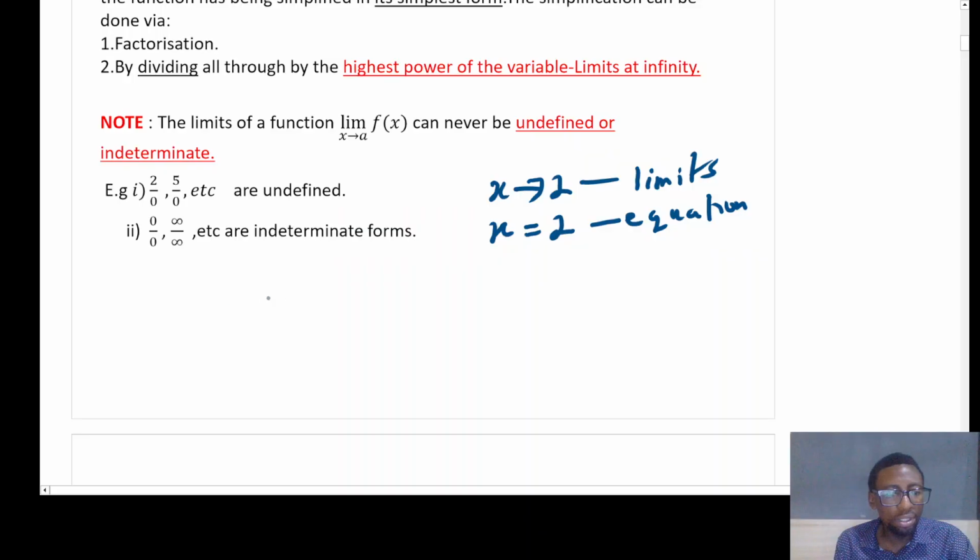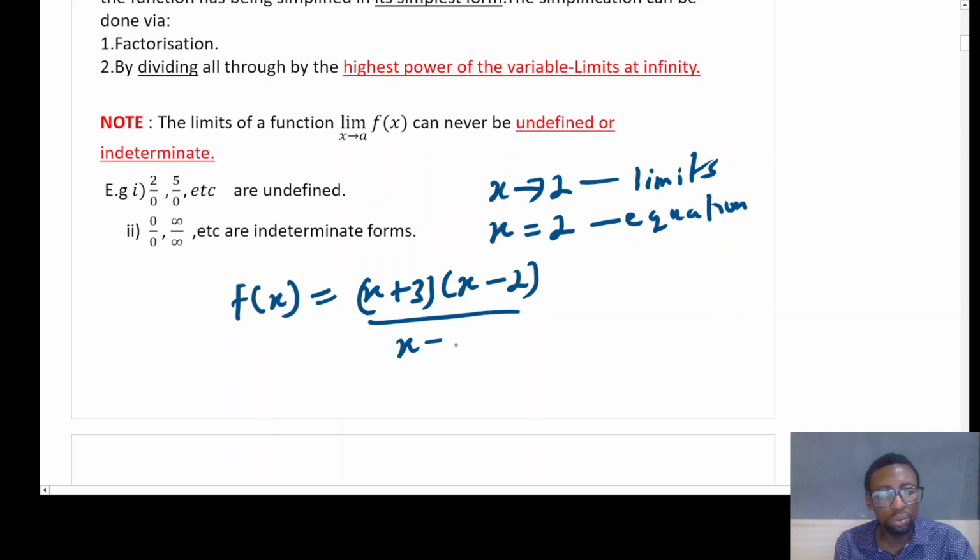Let's say, for example, function f of x is given by x plus 3, x minus 2 over x minus 2.